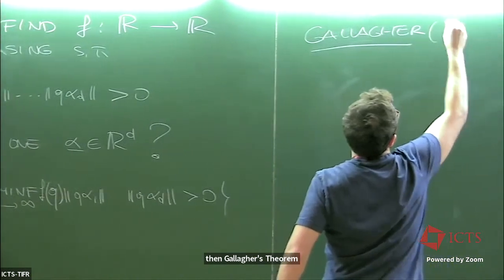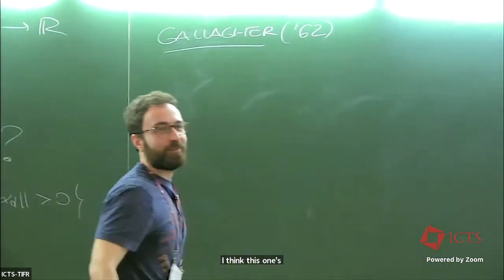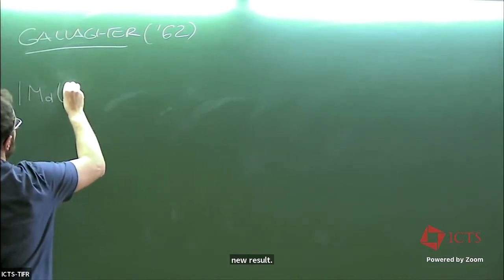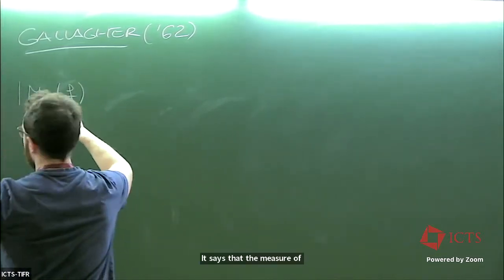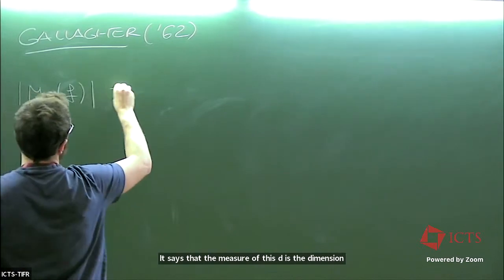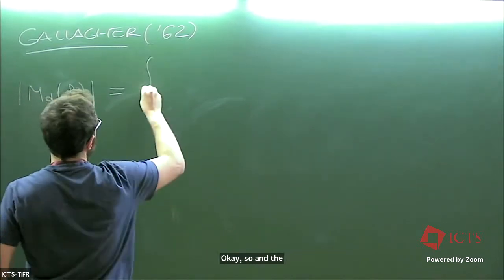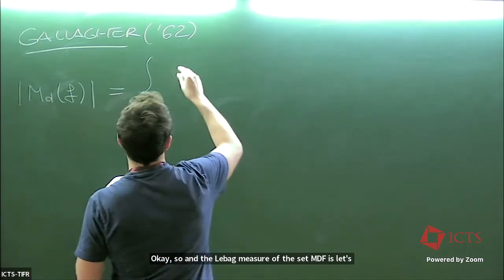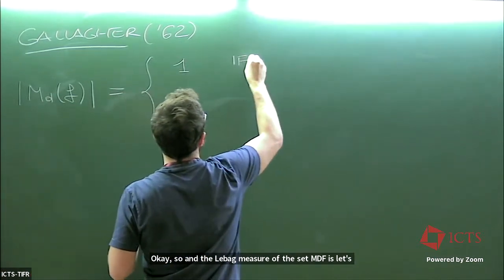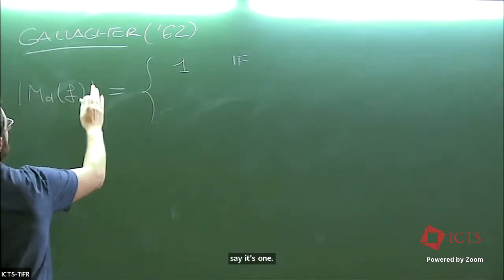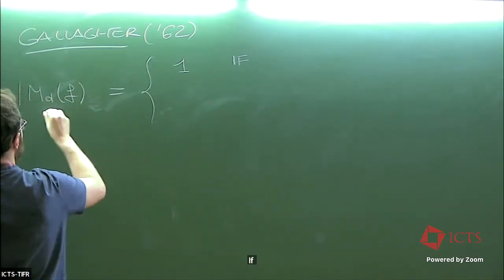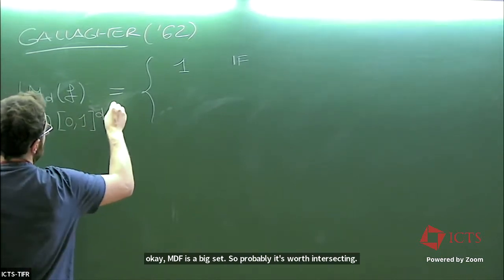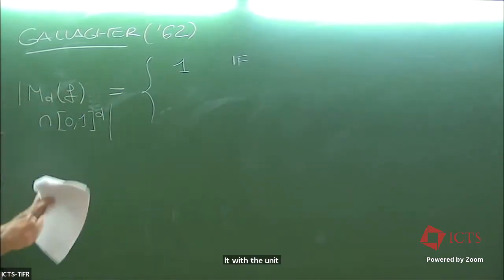I think this was around '62. Okay, so it's not a very new result. It says that, where d is the dimension, the Lebesgue measure of this set M_d^f, which is a big set so it's worth intersecting with the unit cube, is either 1 or 0.